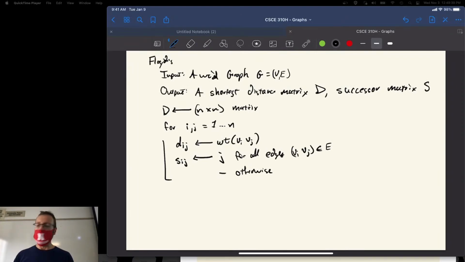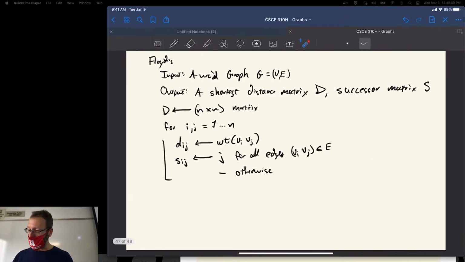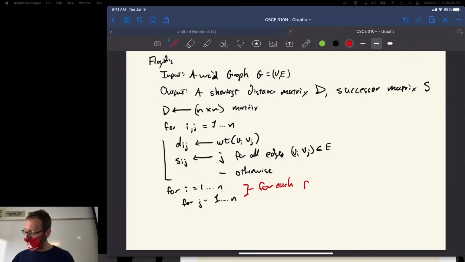Now all we need to do is, for each pair of vertices, consider all other vertices as an intermediate vertex. So for i running from 1 up to n, for j running from 1 up to n, this is for each pair of vertices, consider for k running from 1 up to n.